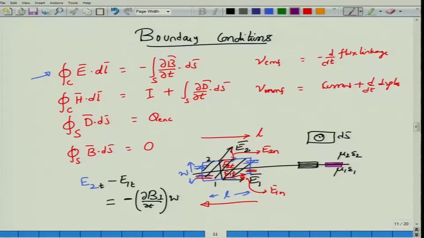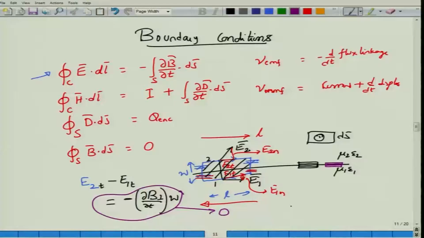Which means that unless my magnetic field component B perpendicular blows up to infinity, the product on the right hand side will tend to 0, and clearly the magnetic fields cannot blow up to infinity, because infinite magnetic field does not really make sense. We assume that all fields are finite, and therefore the right hand side completely goes off to 0.